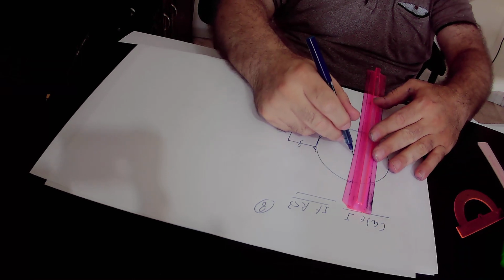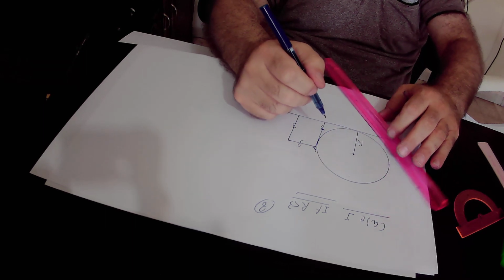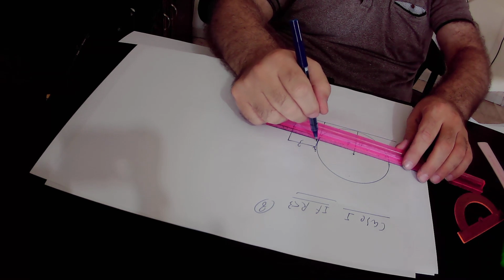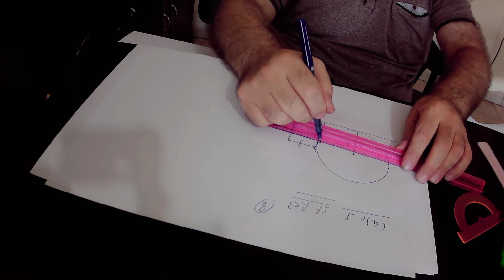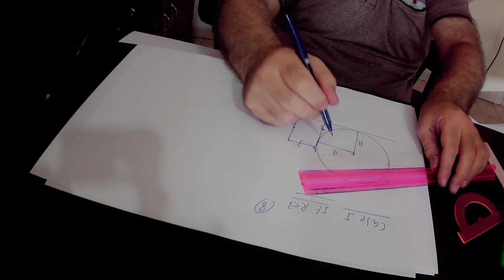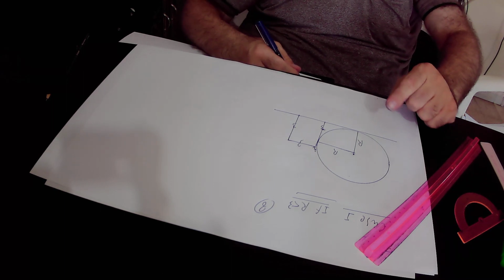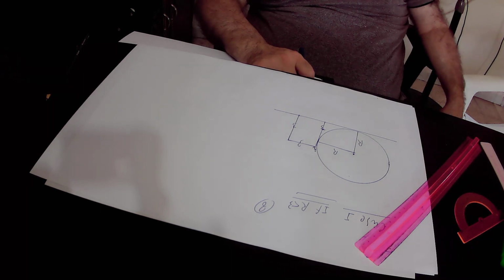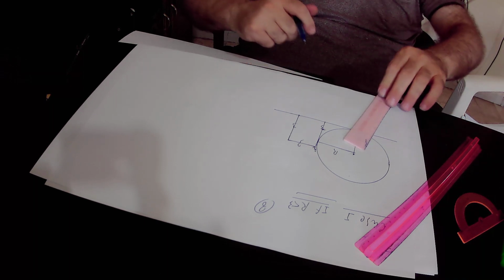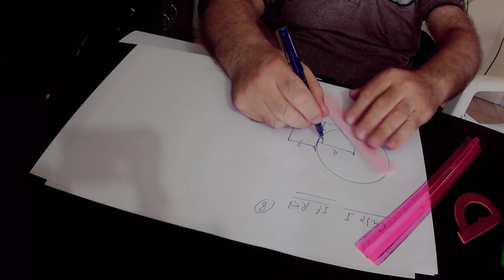Here, this is the radius R, and this will also be the radius R. And we actually know that the square is tangent to the circle. Therefore, according to rule number 1, this angle will be equal to 90 degrees.